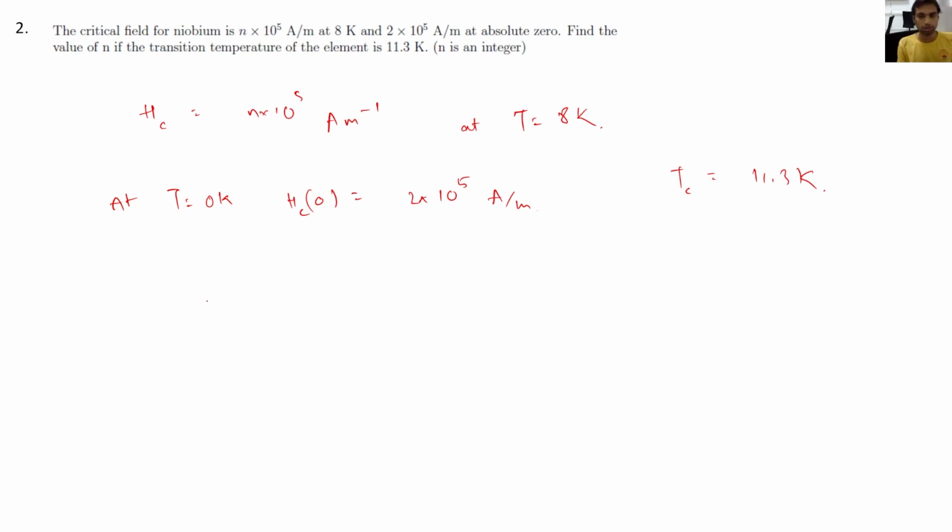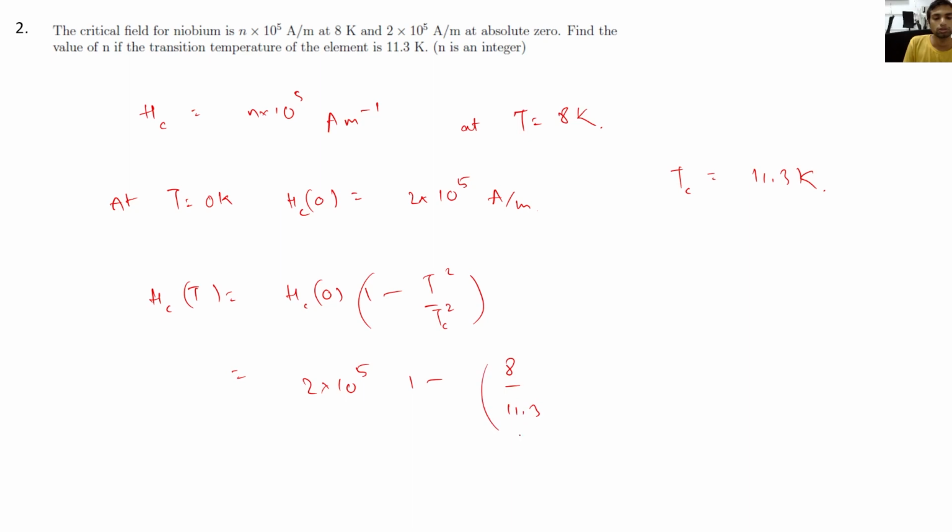Here you have to use again that relation: Hc at T is given by Hc at 0 times 1 minus T over Tc, whole square. So what you have is Hc of 0 is 2 into 10 to the power 5, times 1 minus 8 square over 11.3 whole square, and this is n into 10 to the power 5.